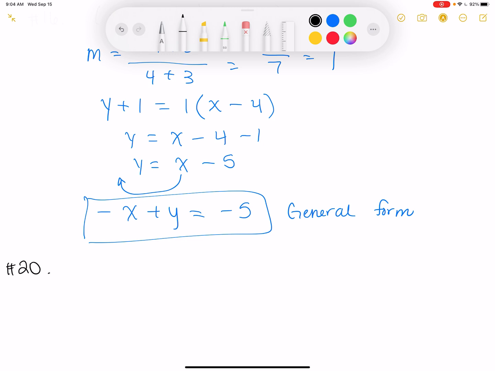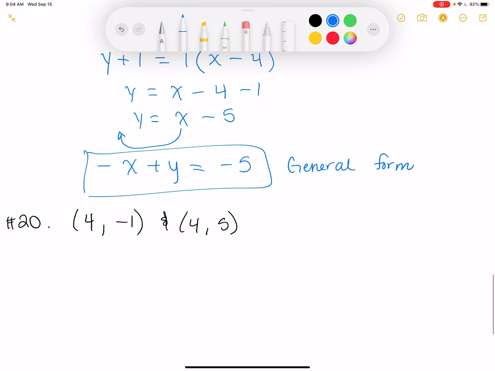Oh, okay, really quick. This one will be fast. So same instructions, 4, negative 1, and 4, 5. So first, finding slope. I've been doing slope for lots of years.